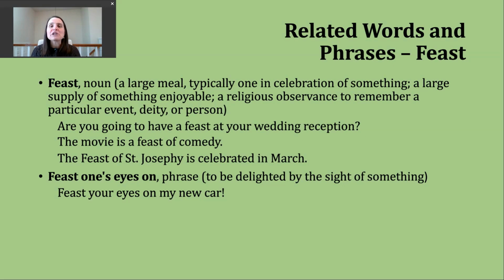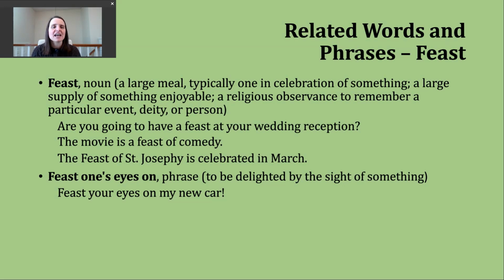A third way you might hear feast used is in connection to religious holidays or observances. Typically, this religious event is done to remember a particular event, maybe a deity like a god, or some other person that is very important to a particular faith.